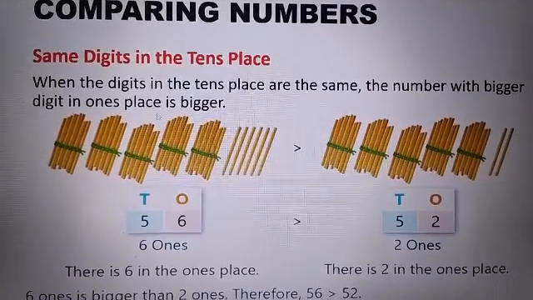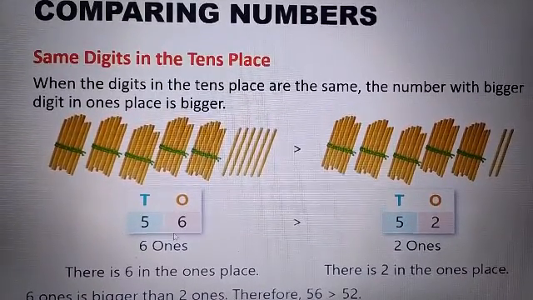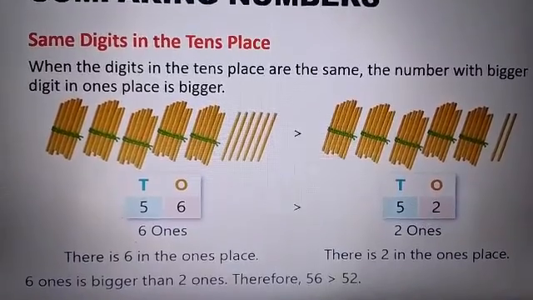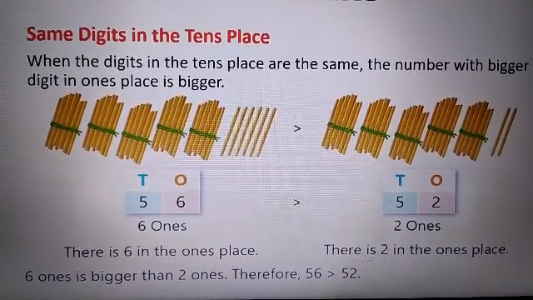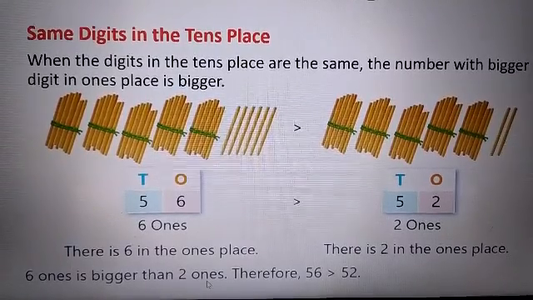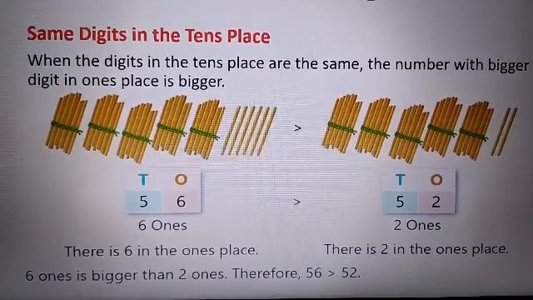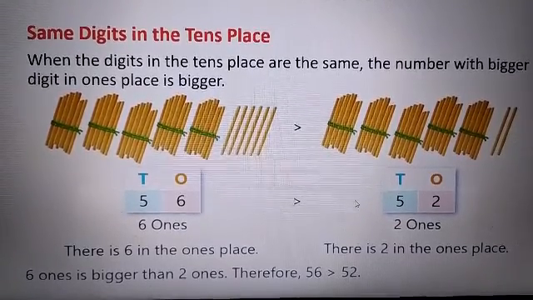So in this case, 5 tens are same. Now see here, 6 ones and 2 ones. There is 6 in the ones place. There is 2 in the ones place. 6 ones is bigger than 2 ones. Therefore, 56 is greater than 52.